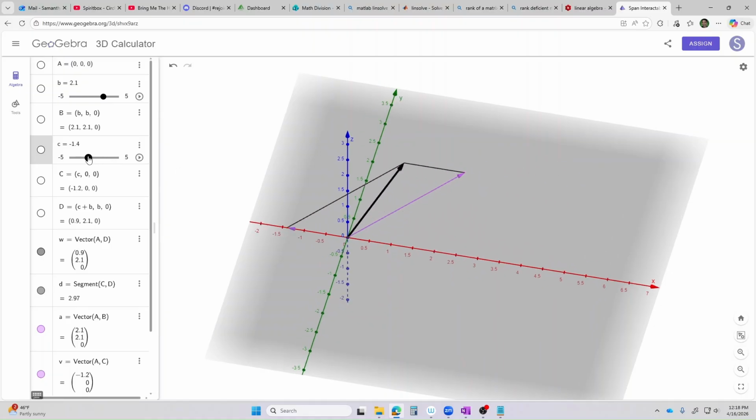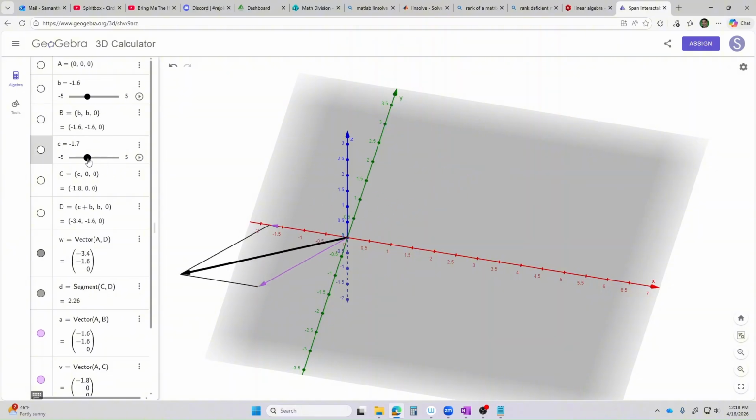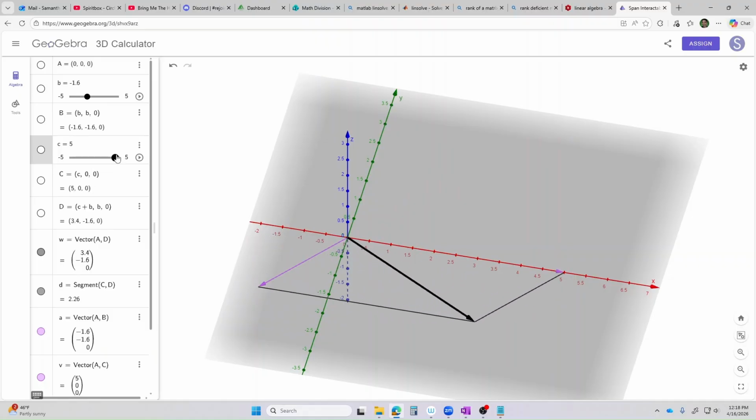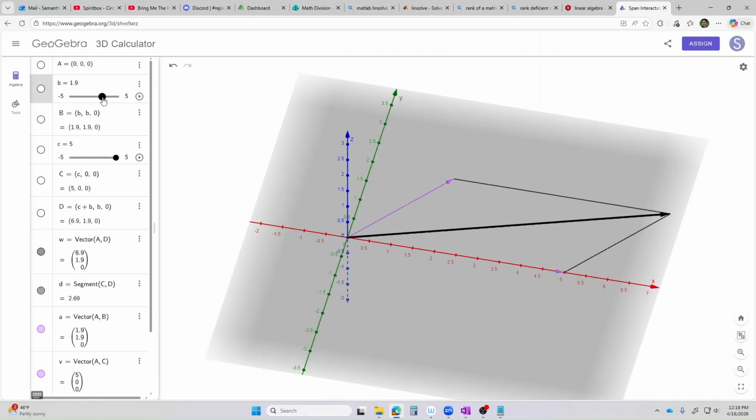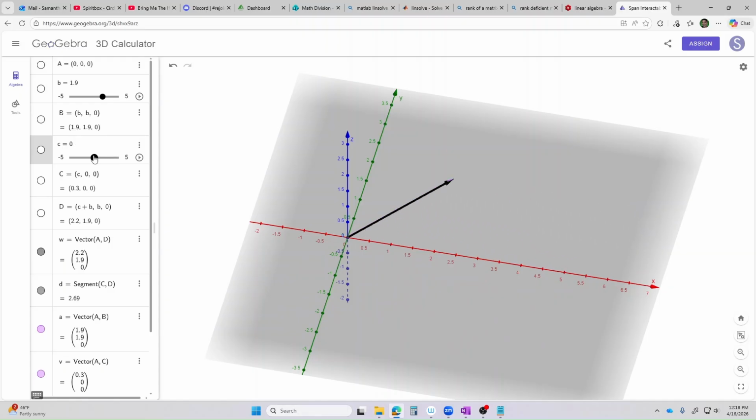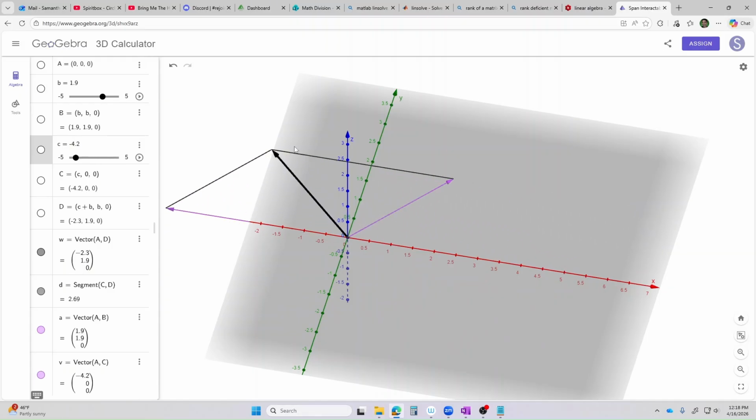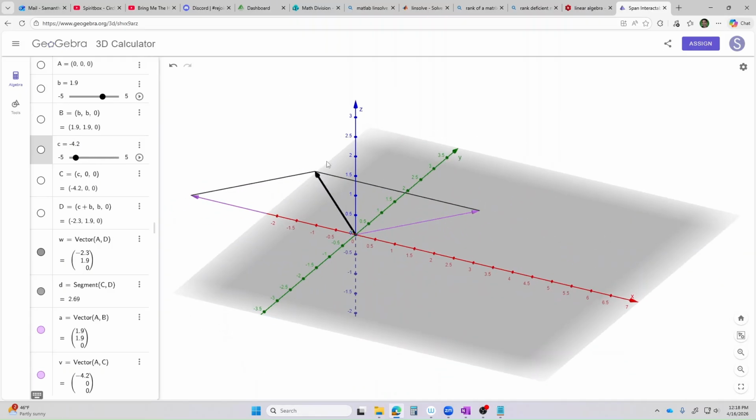And as you adjust those sliders to all of their possible values, both positive and negative, you can see this diagonal black vector reaching every single point in the xy plane and stretching out to every possible location in the xy plane.